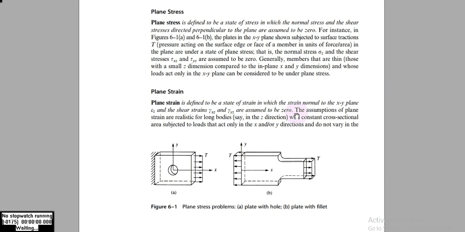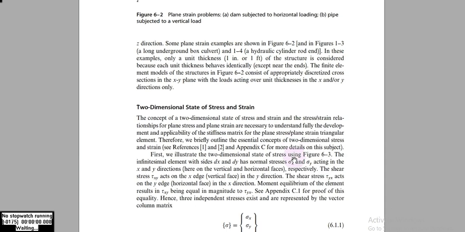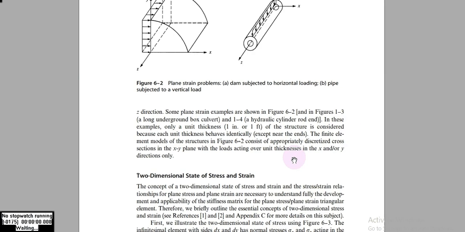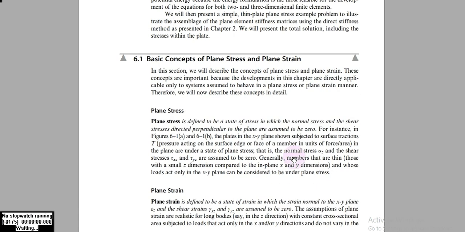The assumptions of the plane strain are realistic for long bodies in the z direction. So a constant cross sectional area subjected to the load is always under plane strain.